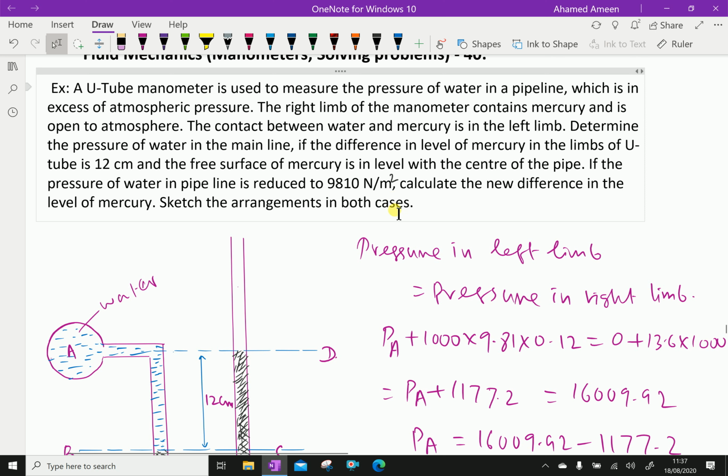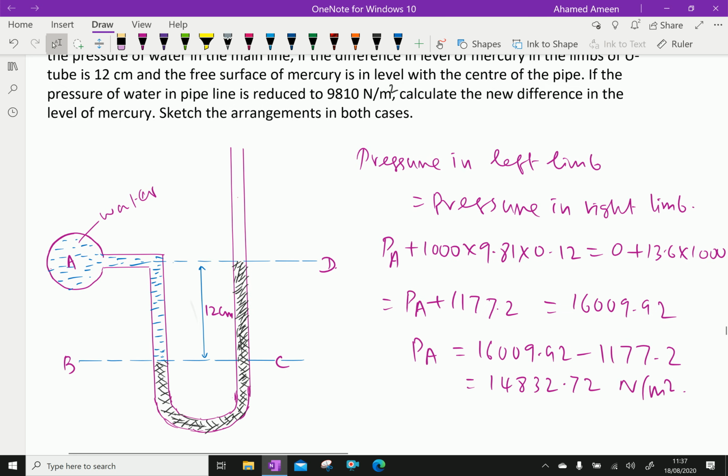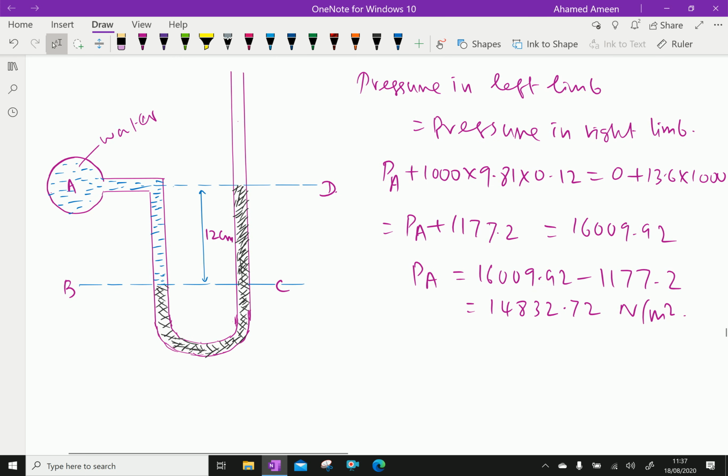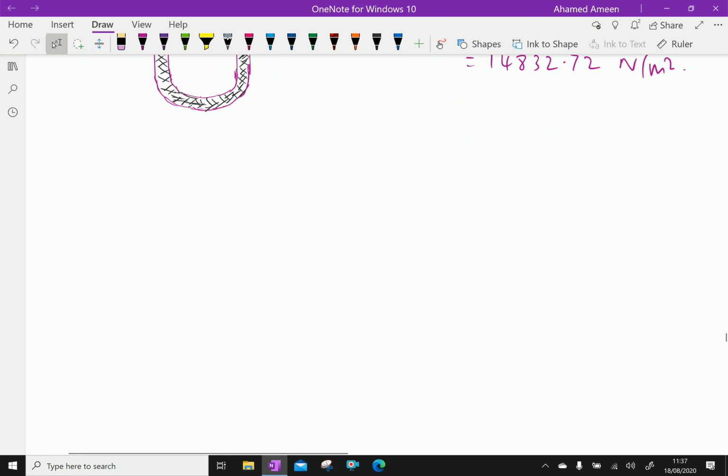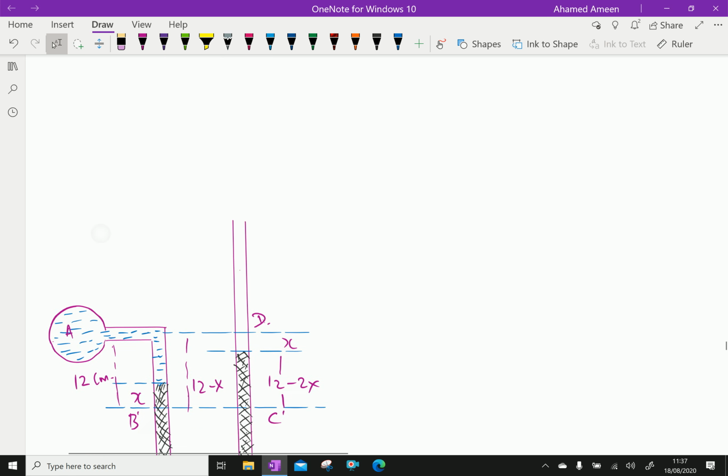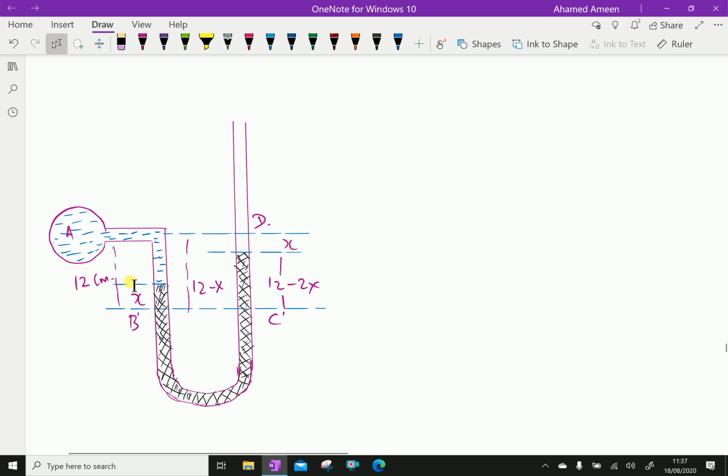Now the second case: if the pressure of the water in the pipeline is reduced to 9810 Newton per meter square, calculate the new difference in the level of mercury. Sketch the arrangements. Here this is case 2.